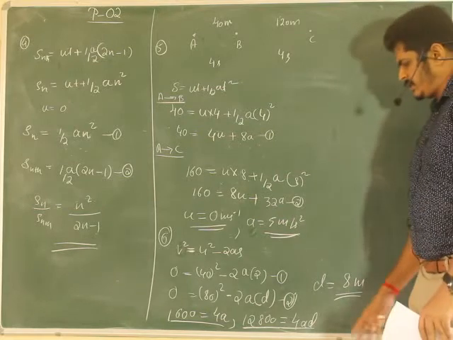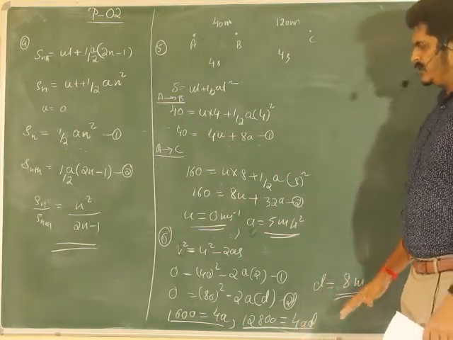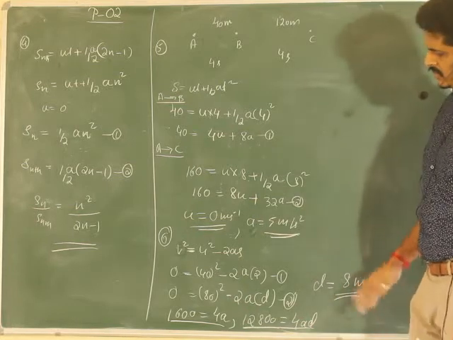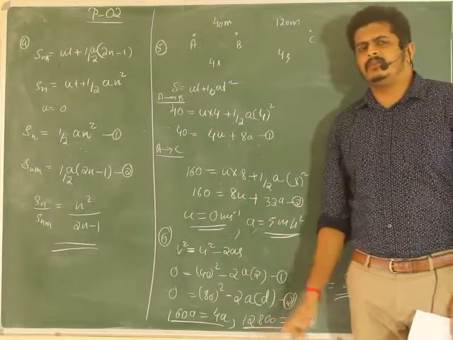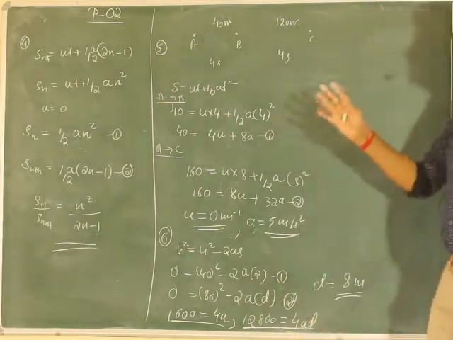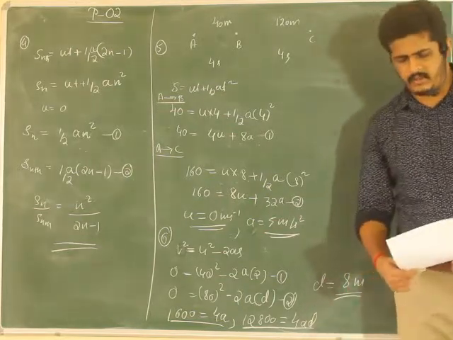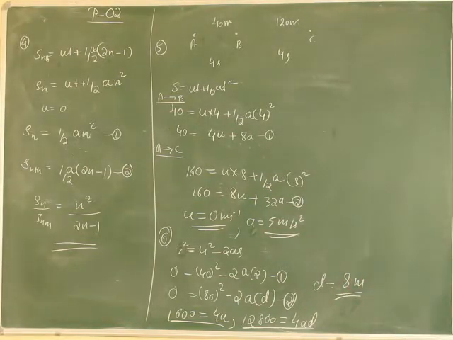Equations we will be solving, and by that unknowns can be found out. So this is how we solve this kind of numericals. So that is about question number 6. Question number 1, 2, 3, 4, 5, 6, all this we have discussed, and I think you have understood it clearly. Fine.